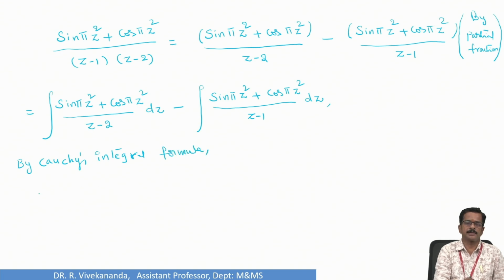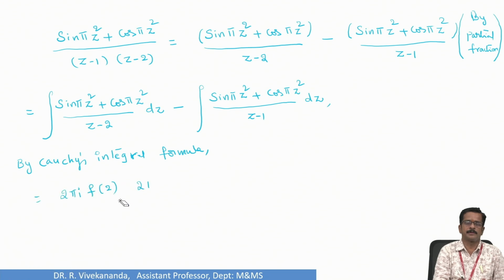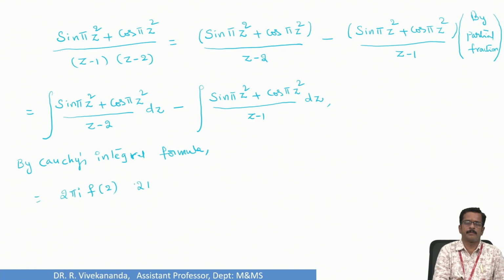we write that as 2 pi i into f of 2, minus, since minus is there, I am just putting minus here, 2 pi i into f of 1.